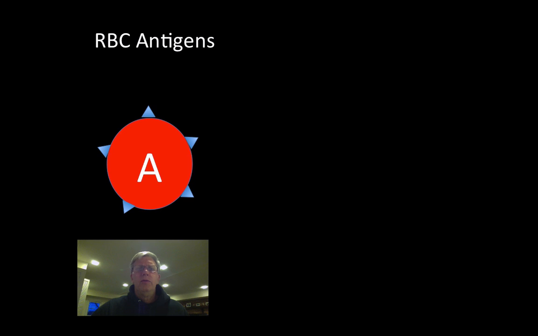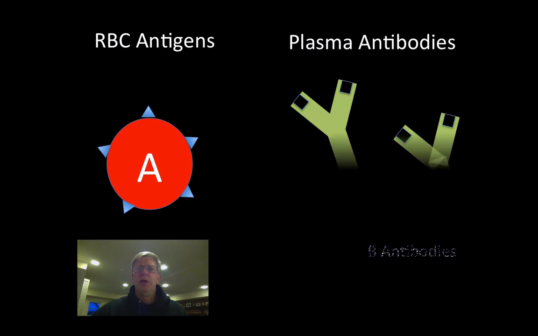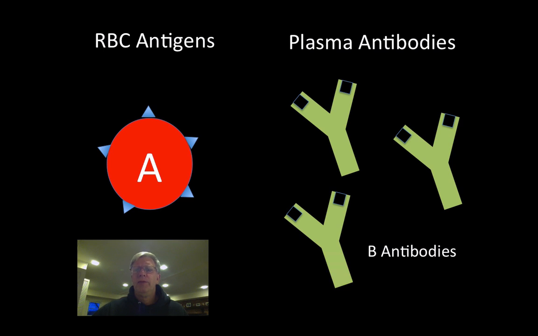Okay, so we've seen that there are antigens on the surface of red blood cells that determine our blood type. Blood type A has the A antigen on the cell membranes of their red blood cells. Not only do they have antigens in their blood, but they also have antibodies.